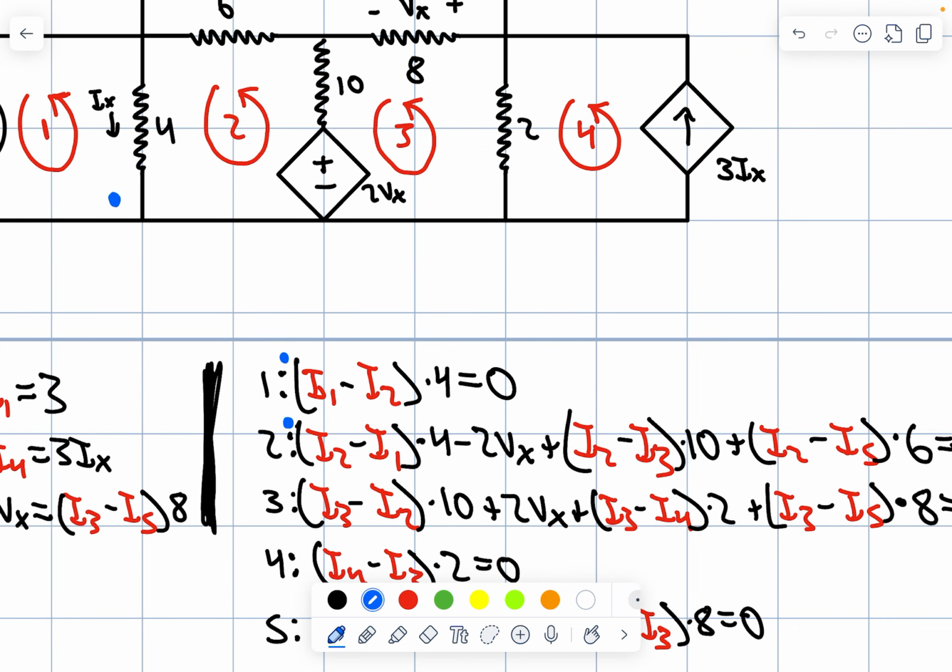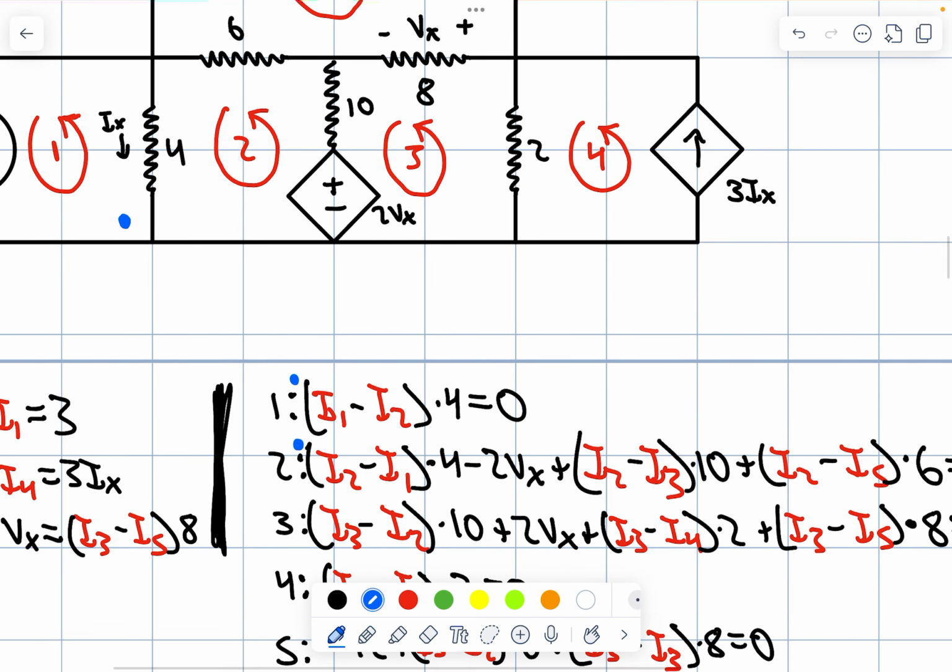Let's look at the second loop. The second loop, I'm going to start right here, okay? And that would be, I've got I2 flowing through the right way, I1 flowing through the wrong way, across a 4 ohm resistor, that's I2 minus I1 times 4. Then I'm now here, flowing through the negative terminal of a 2Vx voltage source, and so I'm going to subtract 2Vx, or add negative 2Vx.